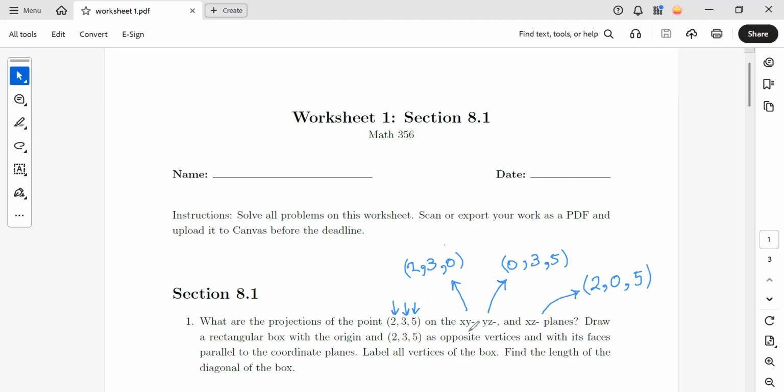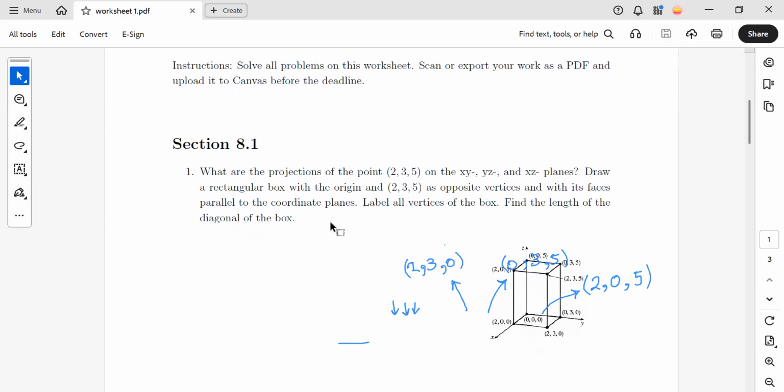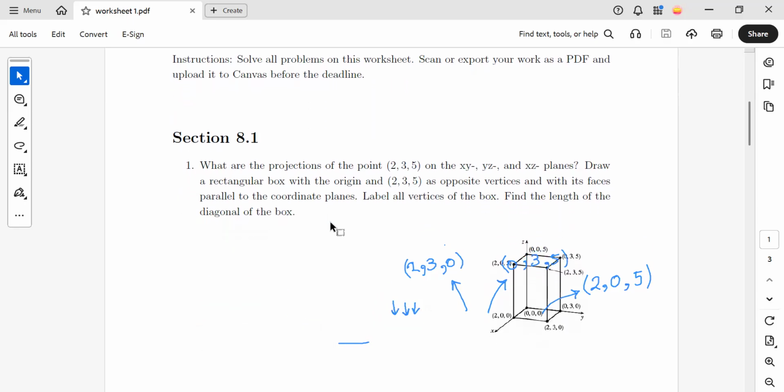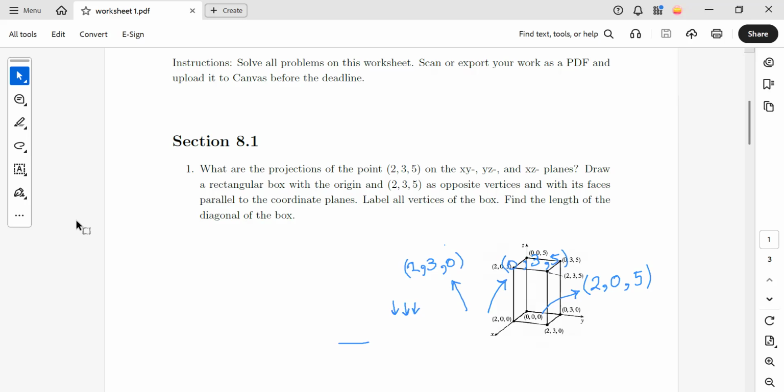Using these projections and using the point 2, 3, and 5, and of course with the origin, we are going to draw that. So if you follow the points, you would see that the projection cube or box will be something like this.